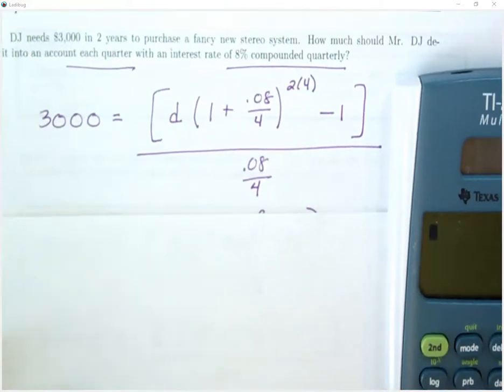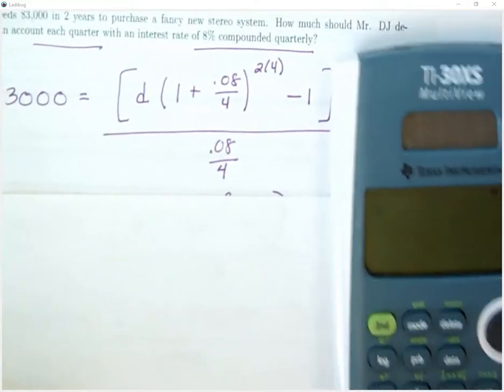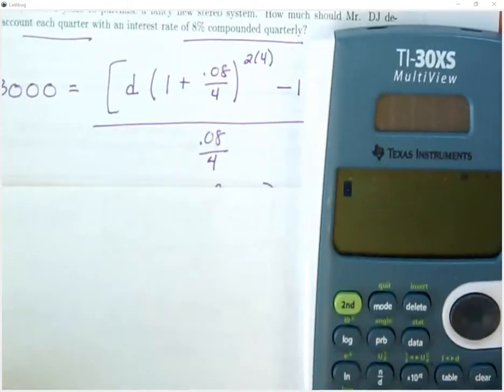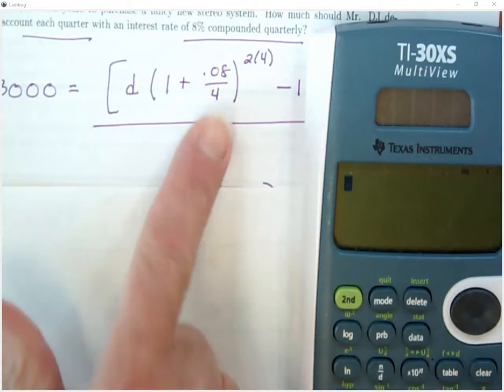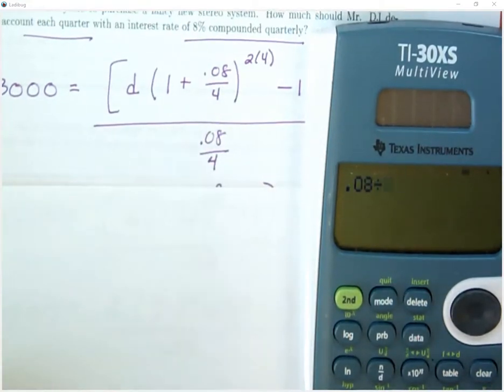But I'm going to walk through the steps on the calculator just real quickly. So I'm just going to kind of push this over here. But I have, and you don't need to write as many steps as I do, but I would start here, 0.08 divided by 4, and then add your 1, and then hit equal.